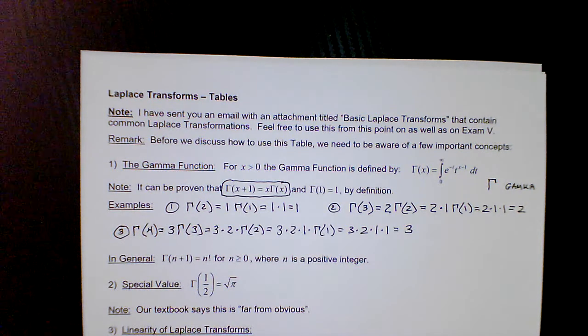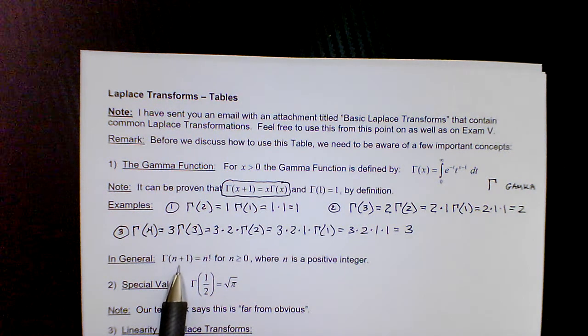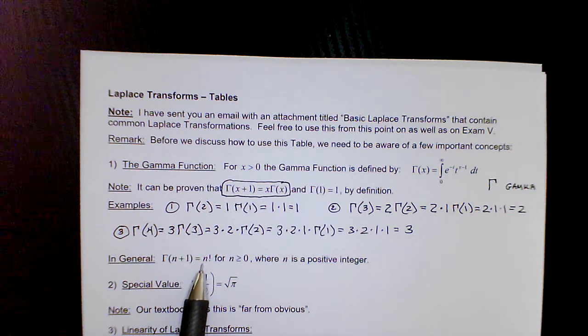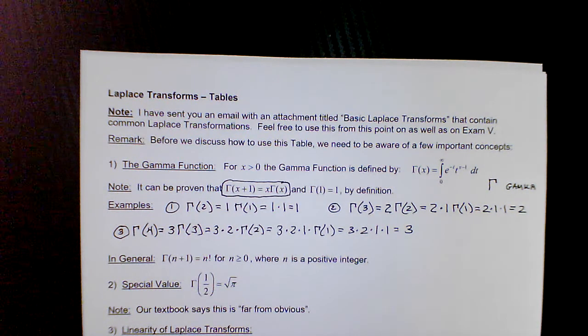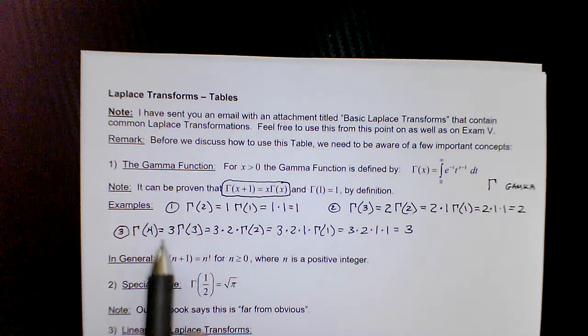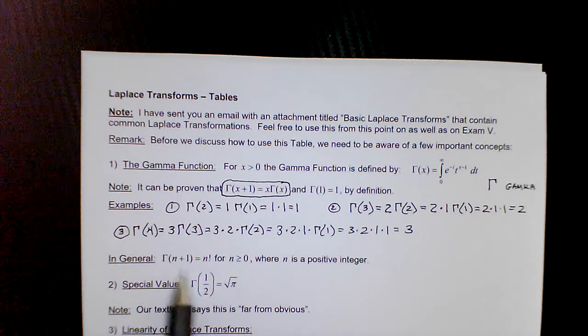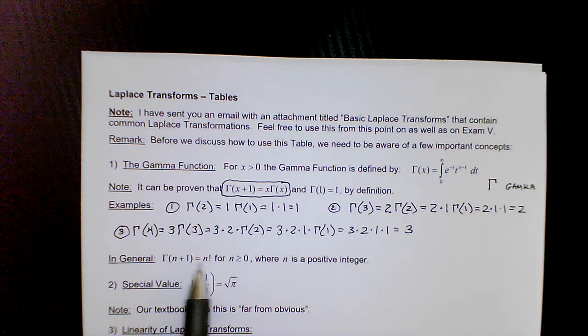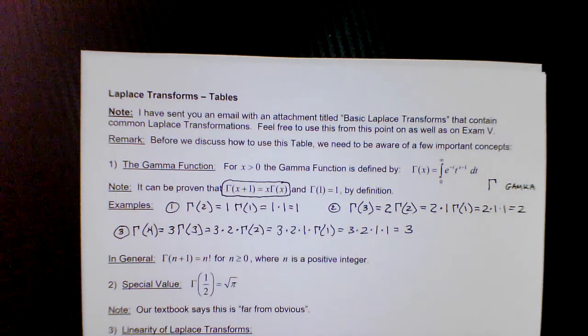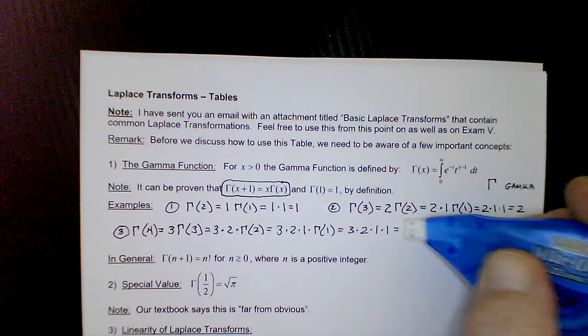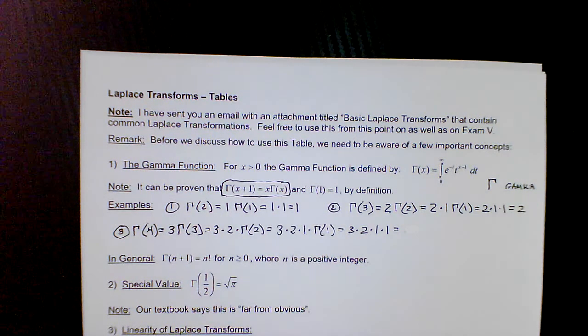In general, we can say that gamma of n plus 1 is n factorial. Consider gamma of 4: 3 times 2 times 1 is 6.